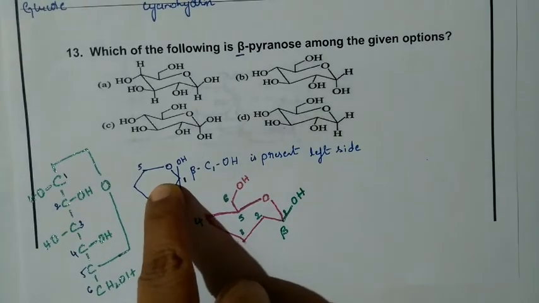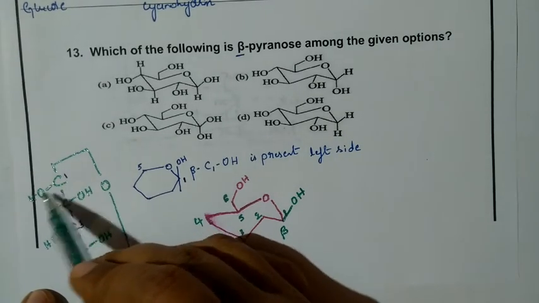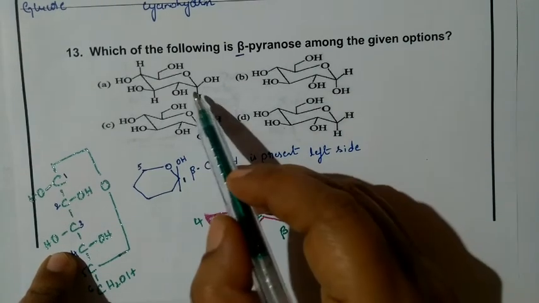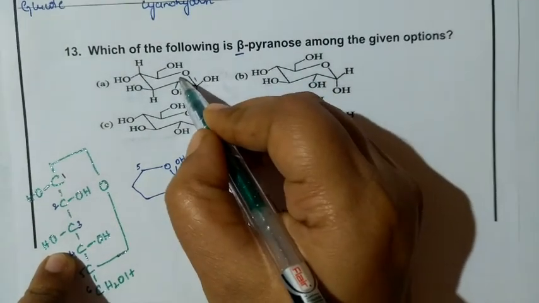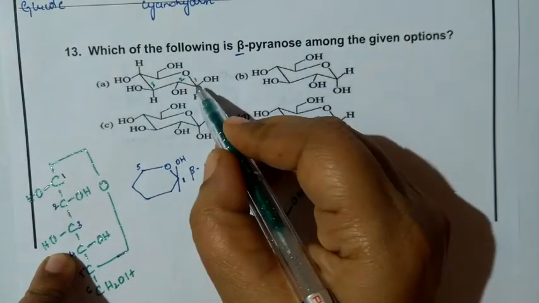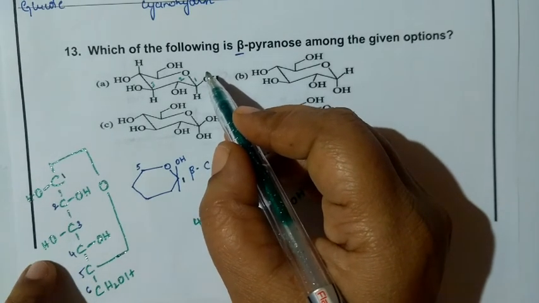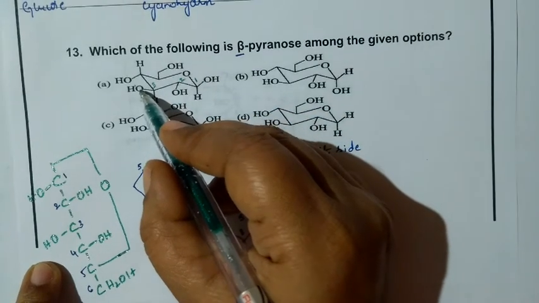If you cannot make out the structure, this is an easier way. For the first carbon and the third carbon, OH should be above. First carbon is above, which means it is on the left side. For the third carbon also it is above.